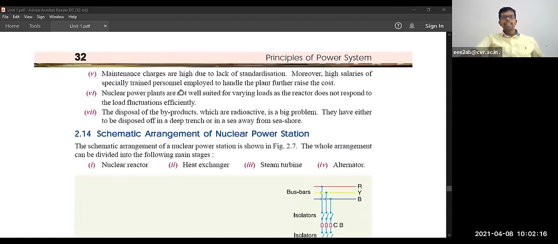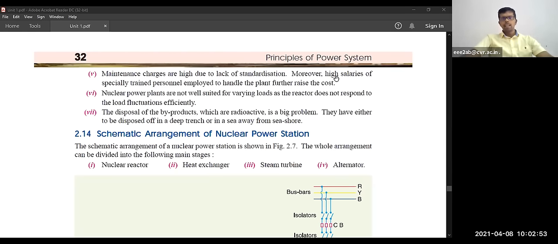And also maintenance charges. Maintenance charges are high due to lack of standardization. So maintenance charges are very high, as you know. Moreover, the high salaries of specially trained personnel employed to handle the plant further raise the cost. So high salaries are given. If in future you get placed in this kind of nuclear power plant, you will get more than 2 lakhs or 3 lakhs per month.